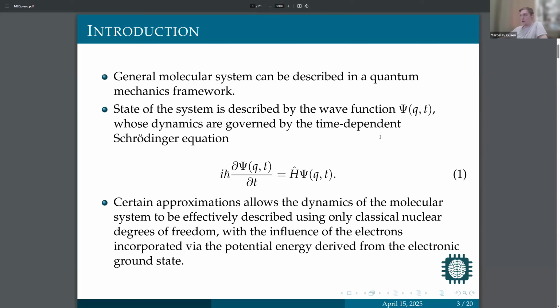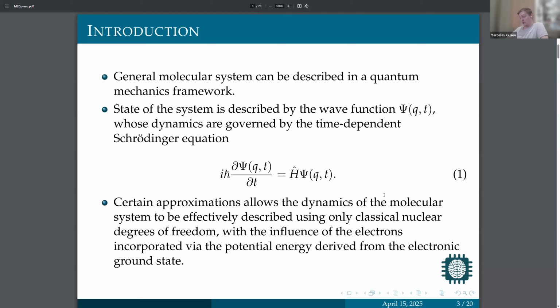If you have a system that consists of nuclei of different atoms and electrons, in general you need to introduce the wave function as a function of q, which represents positions of all particles and electrons involved in the system. And the dynamics will be given by the time-dependent Schrödinger equation, number 1.